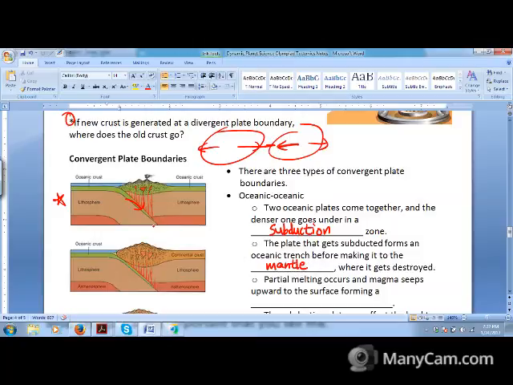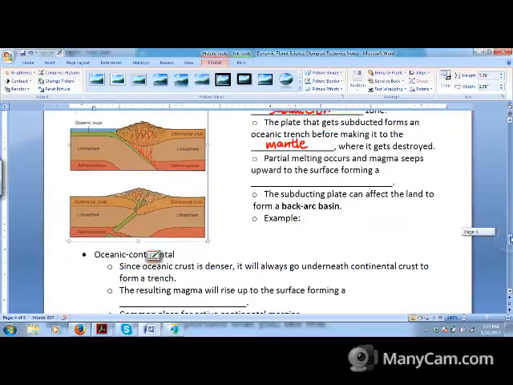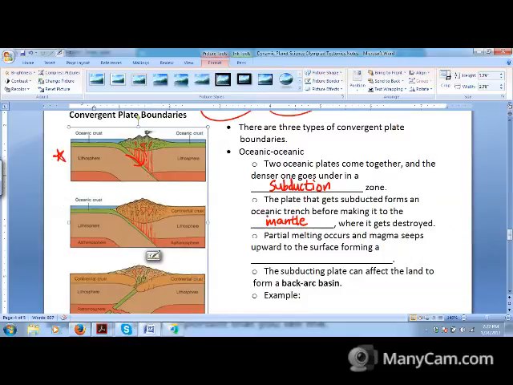It essentially melts, but when it melts, some of that magma seeps through and goes up to the surface. This is called partial melting, and in the case of an oceanic to oceanic, it causes, obviously because of the magma, a volcanic island arc.